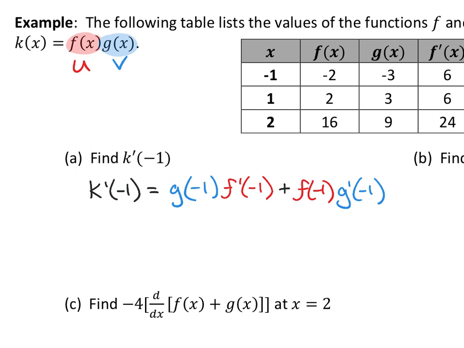So instead of using v's, I'm using f's and g's in function notation, but this is the same thing. vu prime, uv prime. It's just going to be all at a particular number, and that number is negative 1.